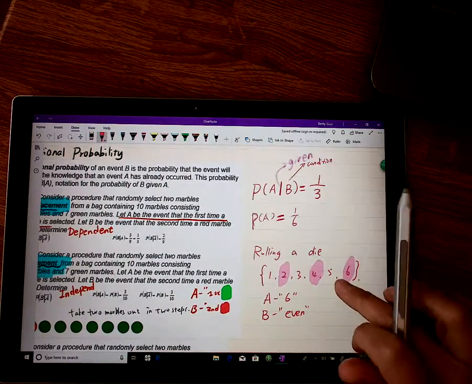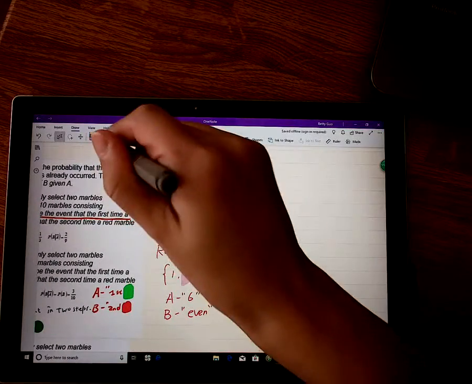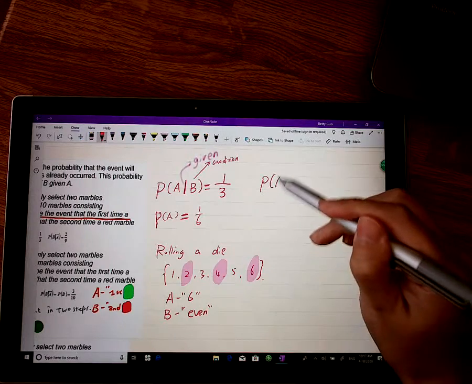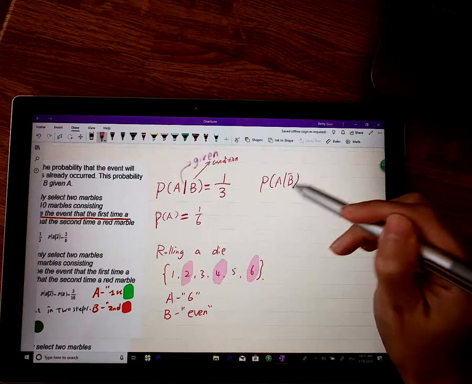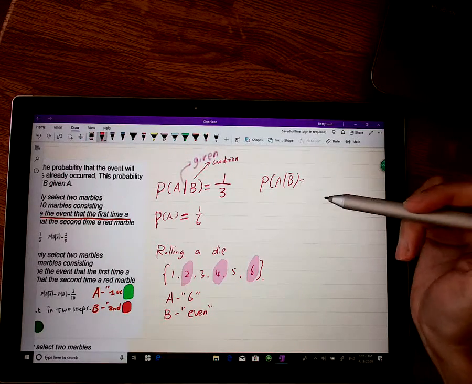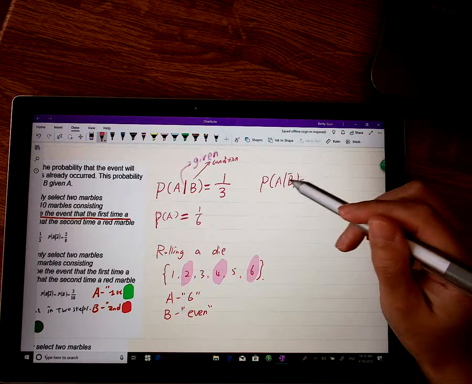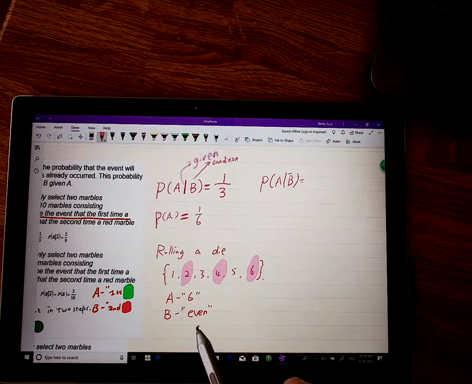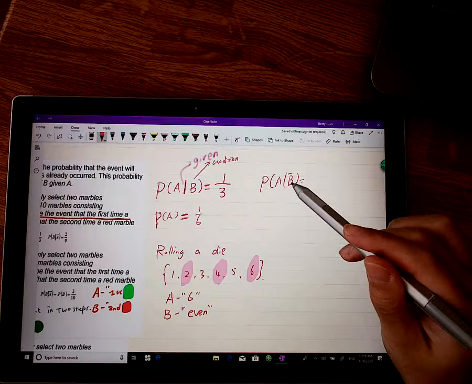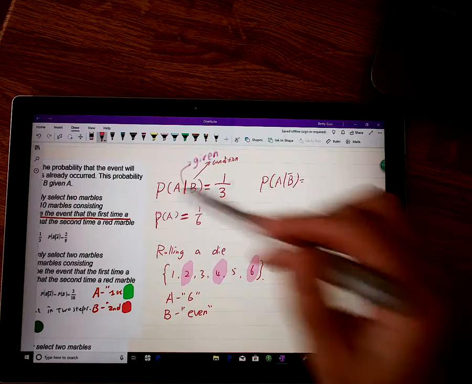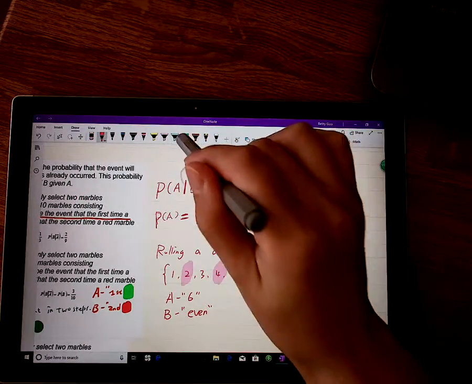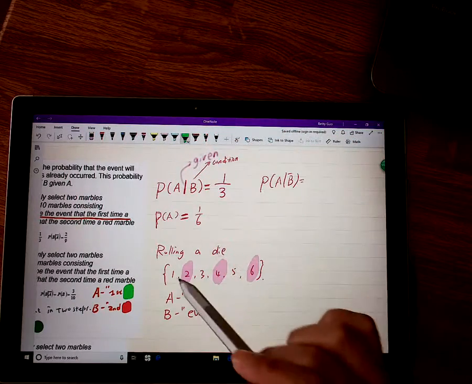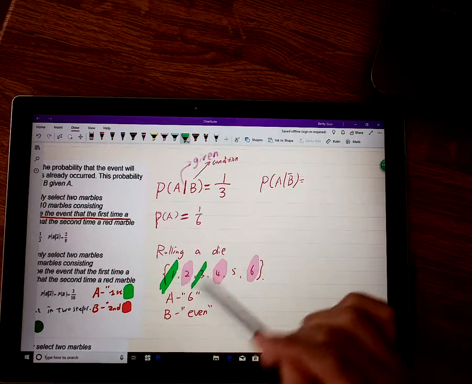And if I make it even harder for you, how do you find the probability of A given B bar? The condition is different right now. The condition is B bar occurs. What is B bar? If B is getting an even number, then B bar, the complement of that event, would be an odd number, right? So you know that you got an odd number.